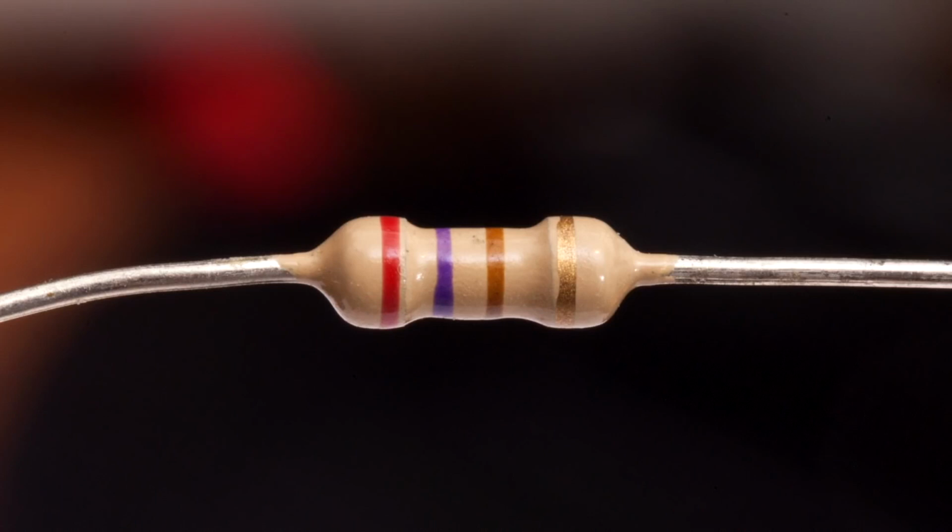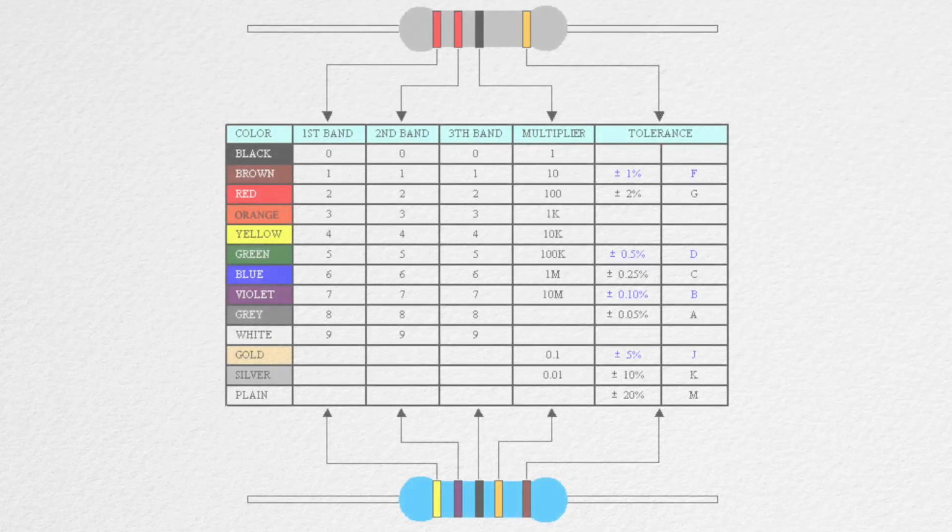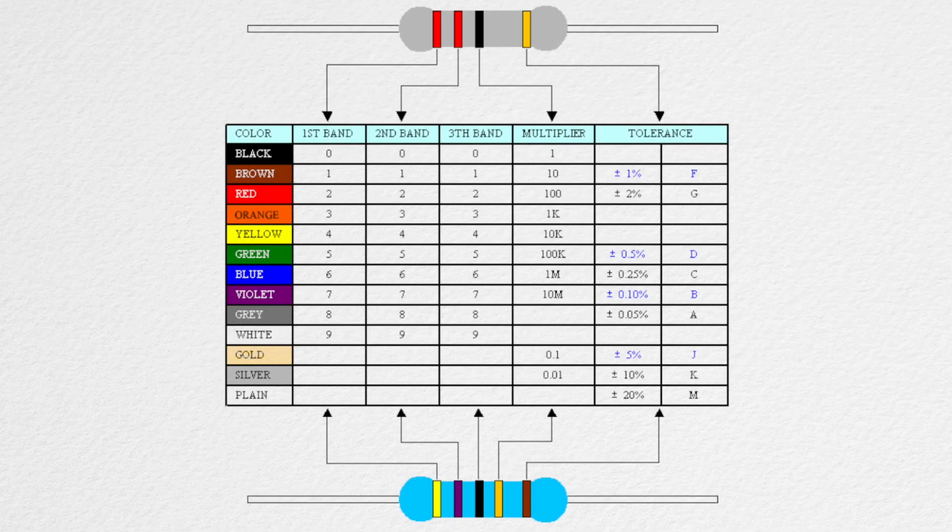So how do we figure out what the value of this resistor is? Red, violet, brown, gold. Well, there is a well-known chart that tells us. It's the color code chart for resistors. And here it is. So you've got the 3 different bands that we're going to take a look at. The first band was red, and red shows to be the number 2.